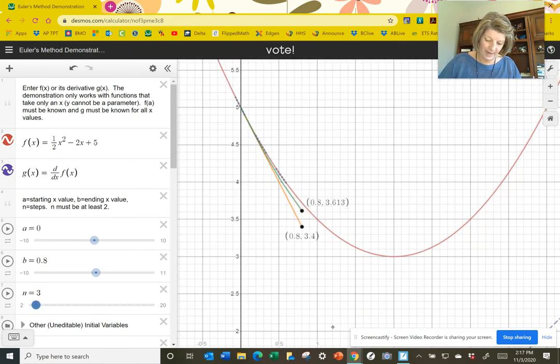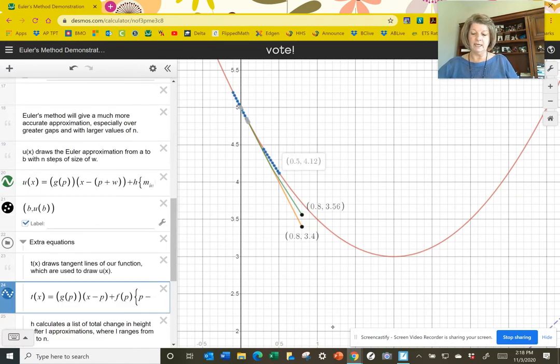That kind of marries with the fact that we were really getting close at 15 steps, weren't we? But when we were back down at 2 steps, our answer was 3.56. And we can see that we are under approximating it, right? Since my original function is concave up, that means my tangent line has to be under the curve.